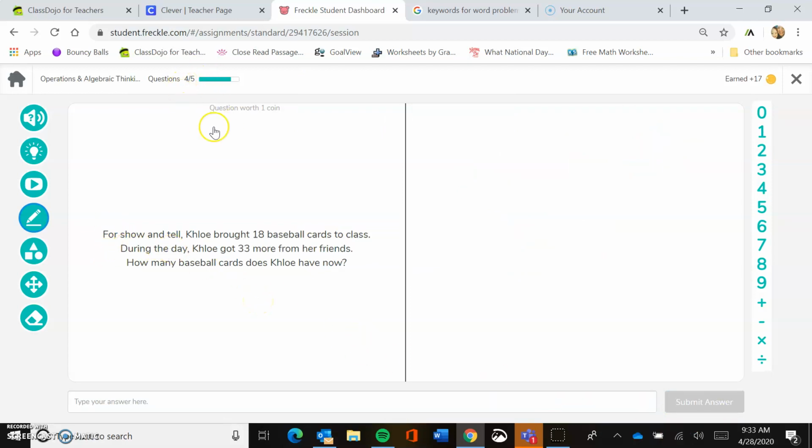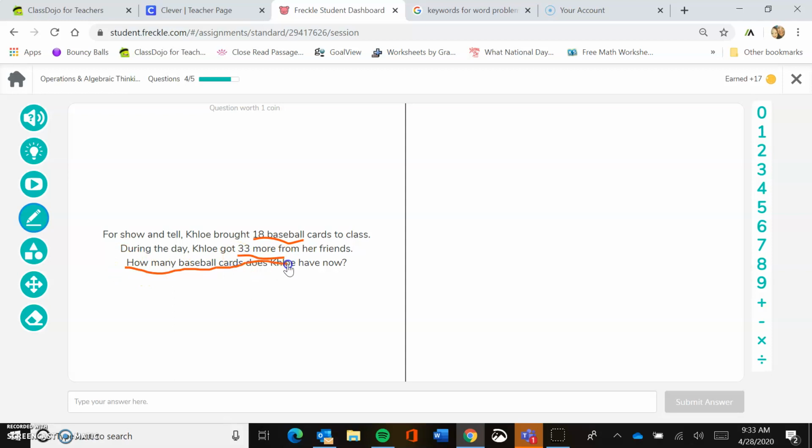I think we've done 4 of 5. This one should be our last one. For show and tell, Chloe brought 18 baseball cards to class. During the day, Chloe got 33 more from her friends. How many baseball cards does Chloe have now? So, Chloe brought 18 cards with her to class, and she got 33 more from her friends.